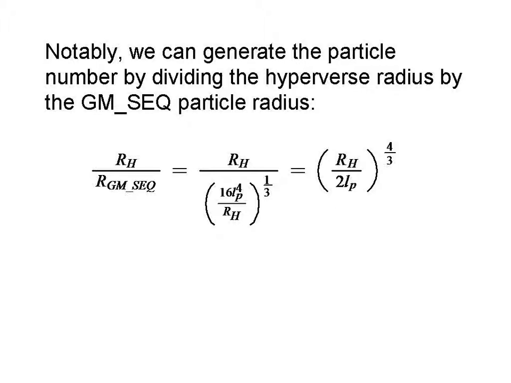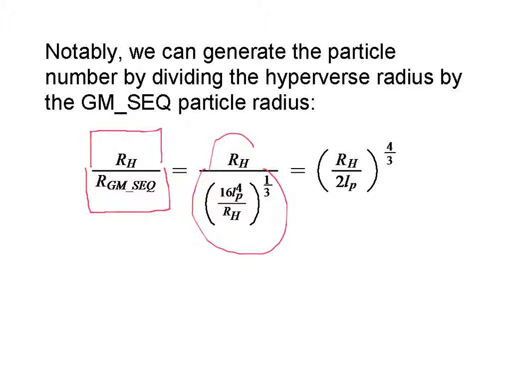Notably, we can generate the particle number by dividing the hyperverse radius by the geometric mean counterpart of the SEQ radius, what we consider to be the particle radius. We plug in our values here, and we get r sub h over 2lp to the 4/3 power, which is our particle number.